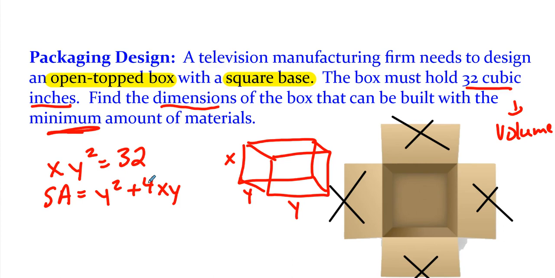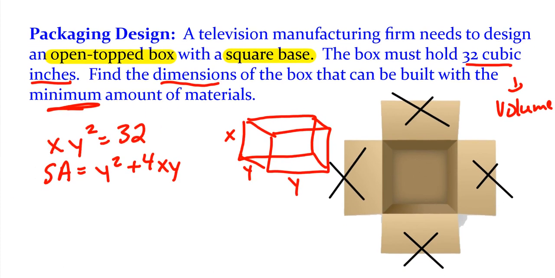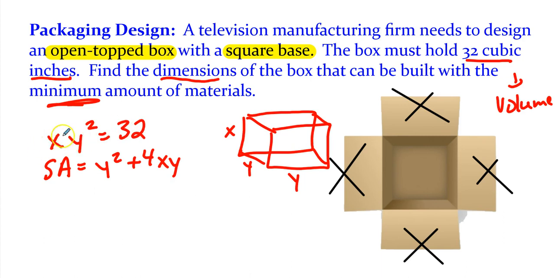Okay, so now again let's do a little bit of algebra here. We're going to take the first equation and we're going to solve it for a variable. I'm going to go ahead and solve that for x. So I'll just do it right over here. So x equals 32 over y squared.